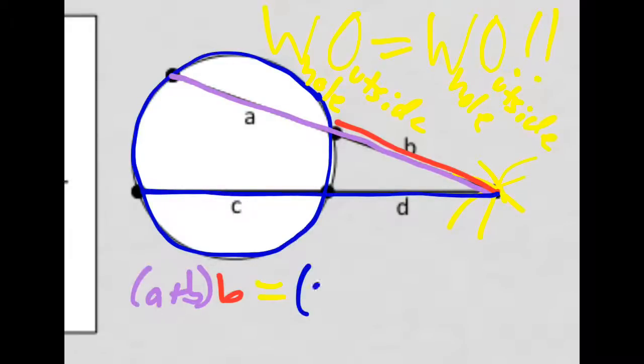CD, or C plus D. I want to make that distinction because a lot of times people want to multiply C and D together. Outside, of course, is just D. And so that's my W times O equals W times O.